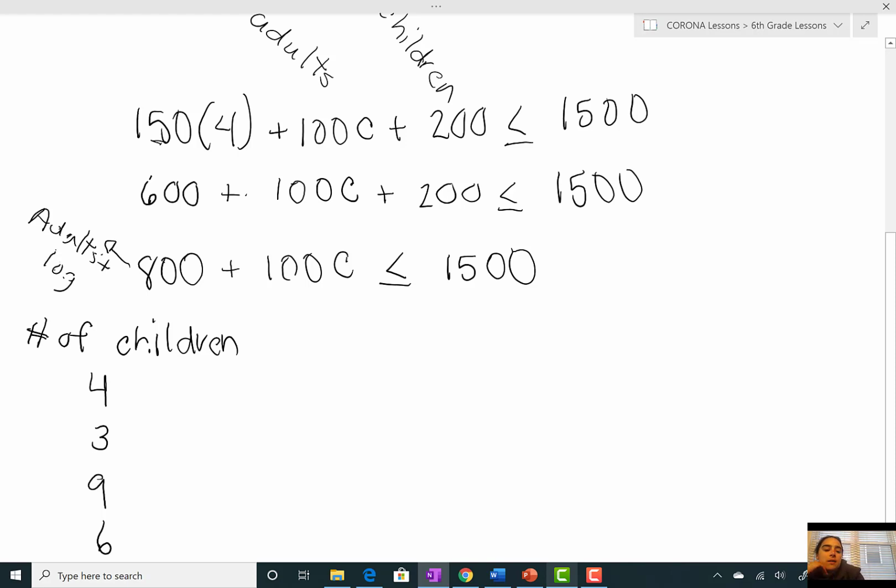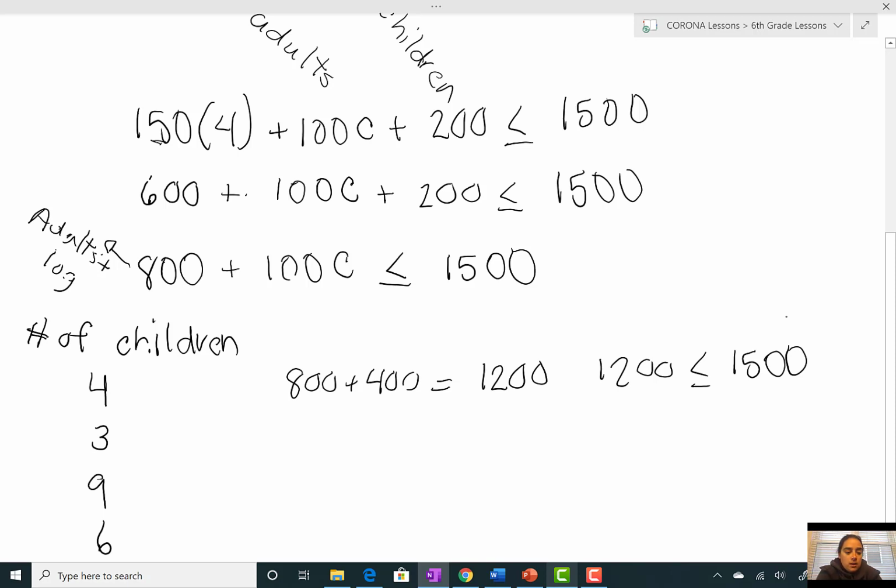So let's substitute in. If I put 4 in for C, 4 times 100 is 400, right? So that would be 800 plus 400 gives me 1,200. 1,200 is less than or equal to 1,500, so 4 children can go safely.